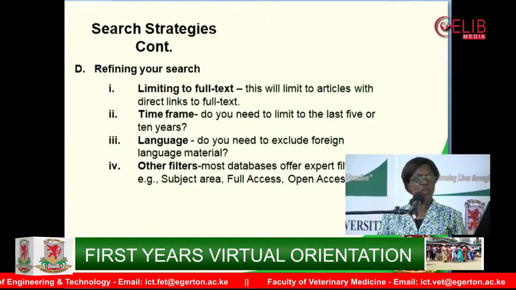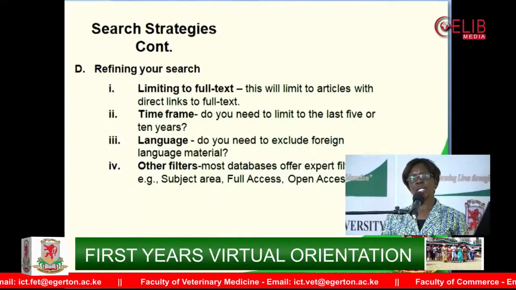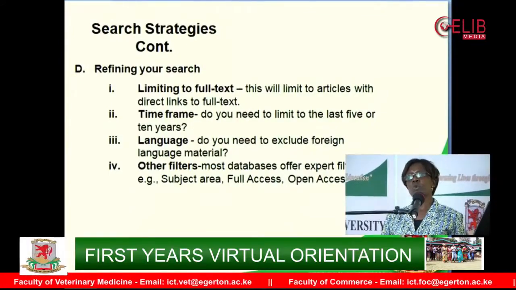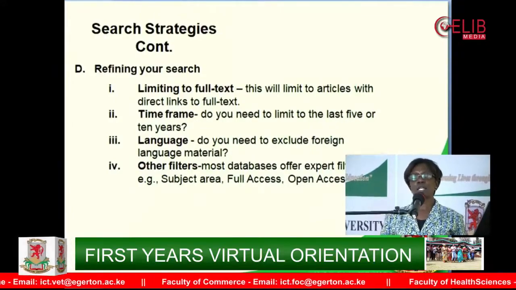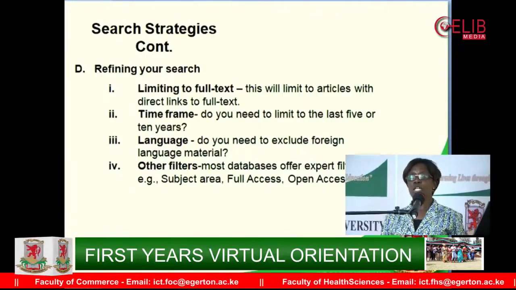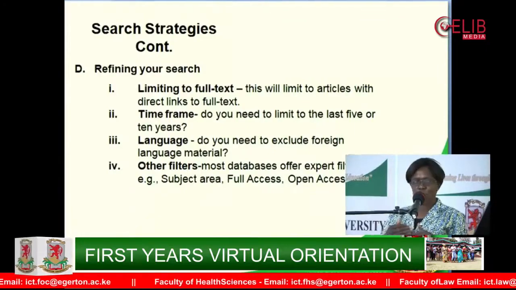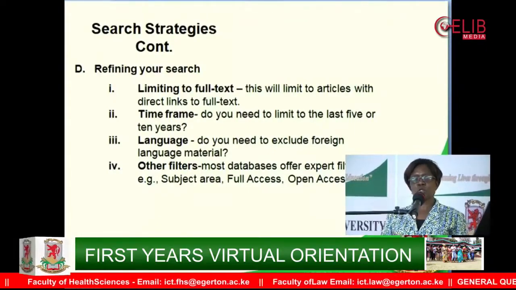Then we also have what we call refining your search. If you are looking for information, and maybe you are confined to a specific area, or you just want maybe information on what is found between 2000 and 2020, then in your search, you limit it. This one will be shown when you'll be going through how you go look for information in the journals and in the books and so on.